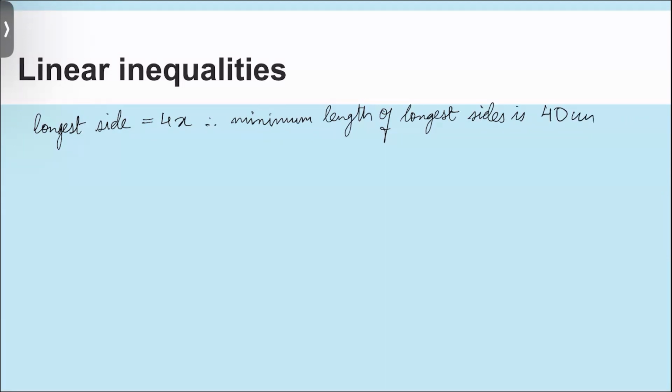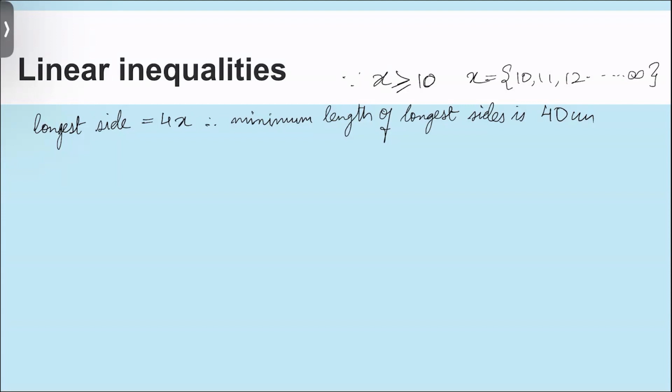This is the minimum length because x has to be greater than or equal to 10. So the solution set would start from 10, 11, 12, all the way up to, if you're considering real numbers, it can go all the way up to infinity also.